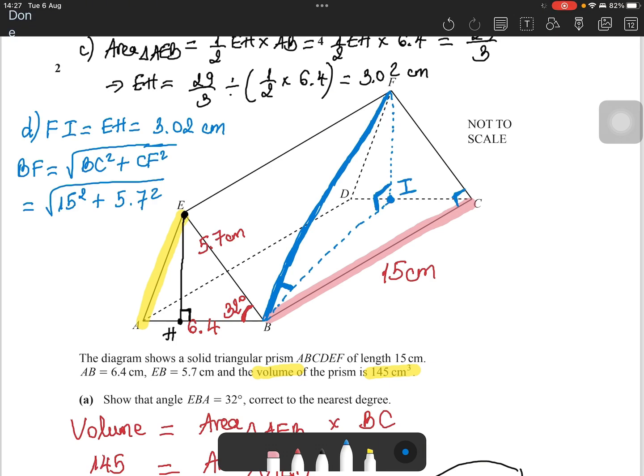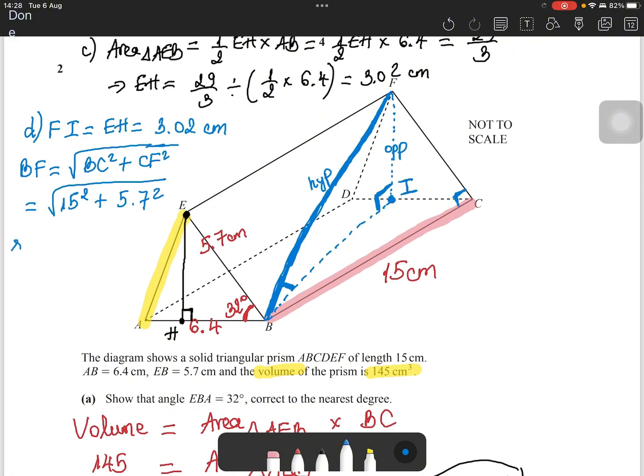And now we'll apply them into the triangle BFI. In the triangle BFI, BF is the hypotenuse and FI is the opposite. So we use opposite over hypotenuse, which means we use sin.